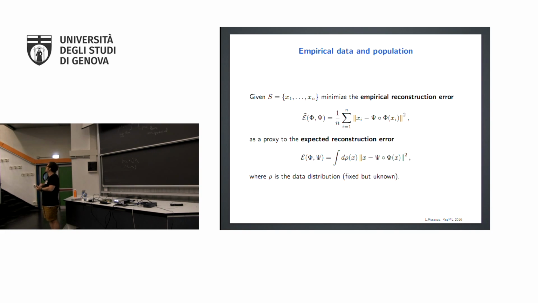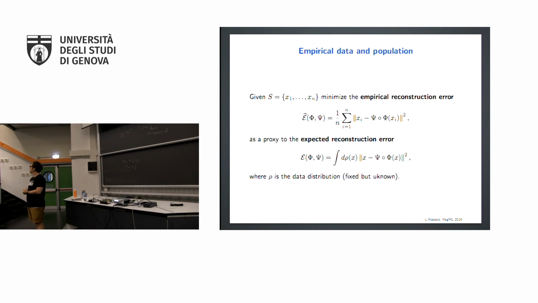Here, the situation is different. What is the minimizer of this? Can you give me a minimizer without looking at the data and without making any computation? Yeah, somebody said identity. What does it mean? Give me any pair, psi and phi, that composed gives me the identity.